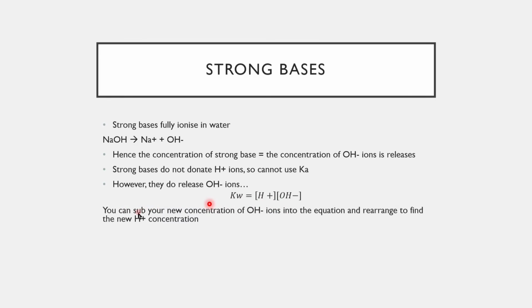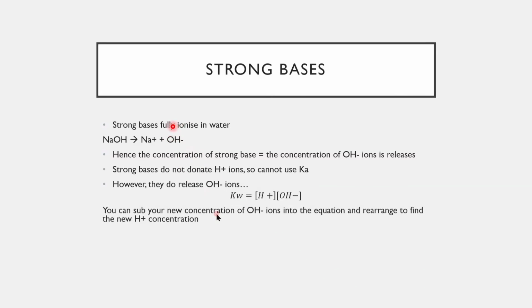We can now sub in our new concentration of OH minus ions, because this equation here is of our water, so our H plus and OH minus of a pure water solution will be equal. However, we have introduced a strong base, and this is fully ionized to increase the OH minus concentration drastically.